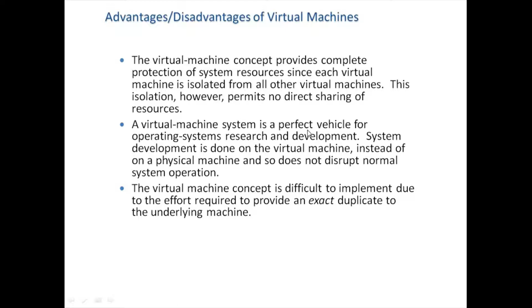The virtual machine system is a perfect vehicle for operating system research and development. System development is done on the virtual machine instead of the physical machine, so it does not disrupt normal system operation. Also, the virtual machine concept is difficult to implement due to the effort required to provide an exact duplicate of the underlying machine.